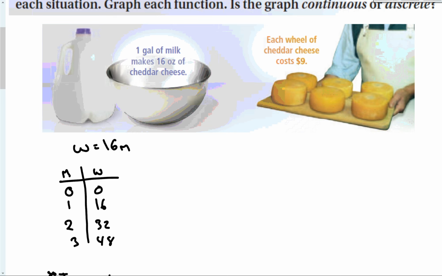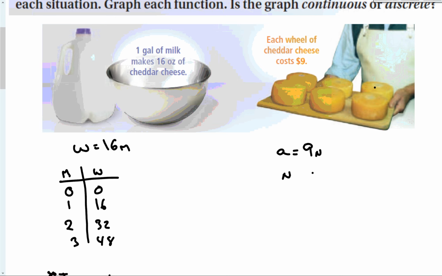Now, the amount of money that he makes from selling the cheese depends on the number of wheels of cheese he sells. So the amount I make is 9 times the number of cheese wheels. Okay? So again, we're going to make a table.